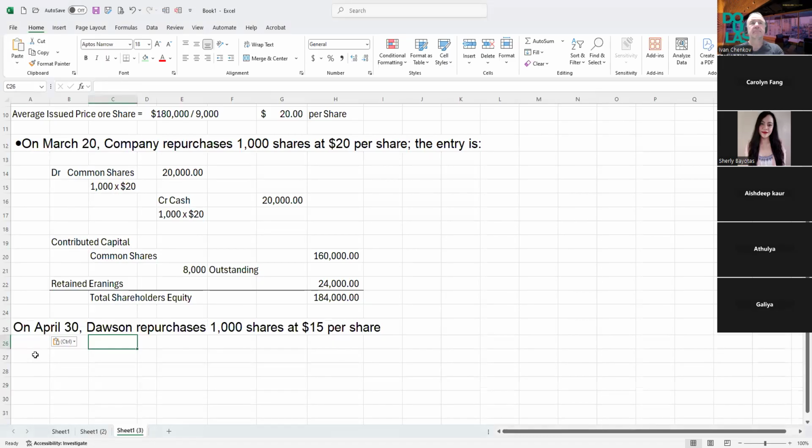And here we go. On April 30th, the company repurchased 1,000 shares at $15 per share.